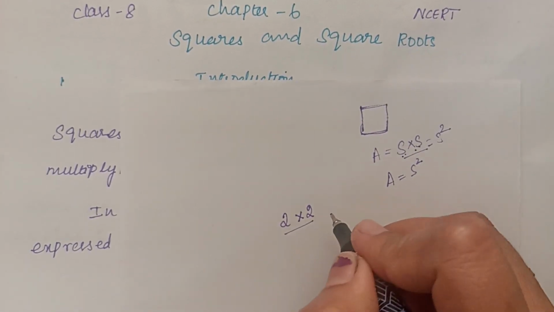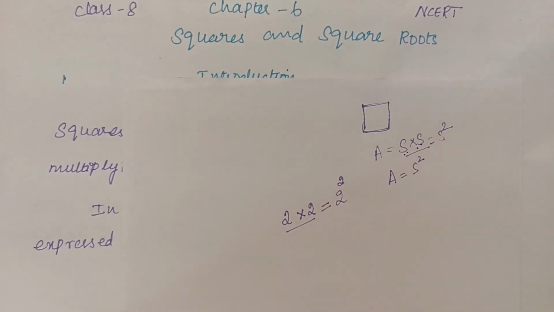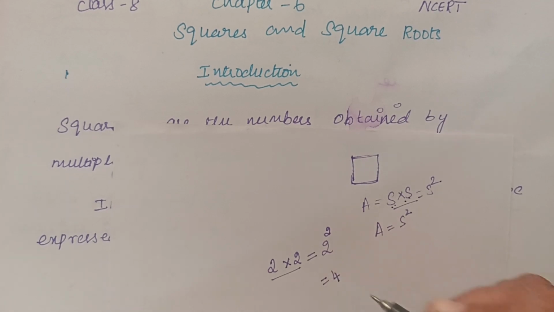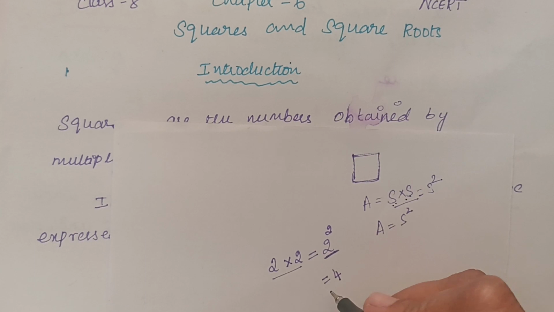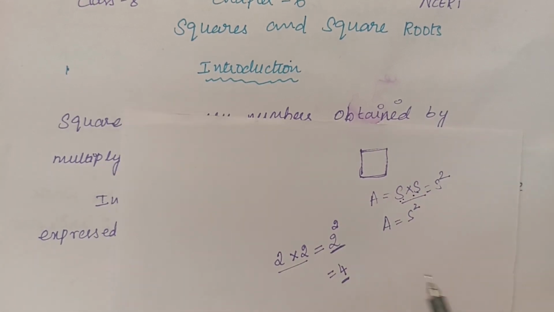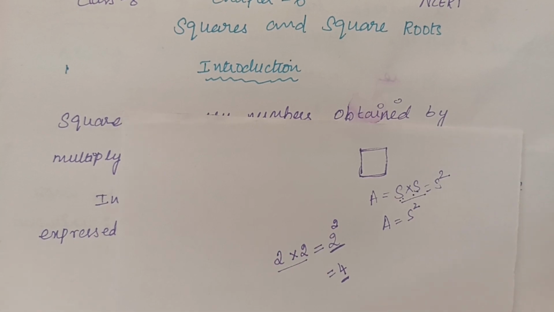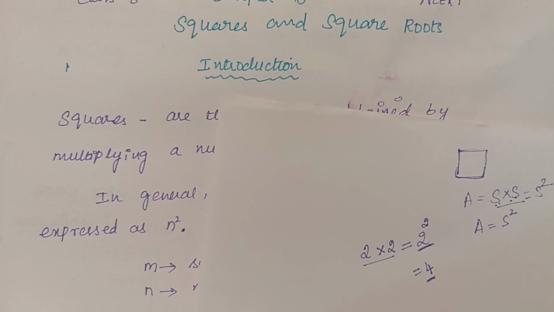So we can write this as 2 square. So 2 square is equal to 4. So here this 2 is a natural number and 4 is the square number. So a square number can be obtained by multiplying a number by itself, or multiplying the same number 2 times.